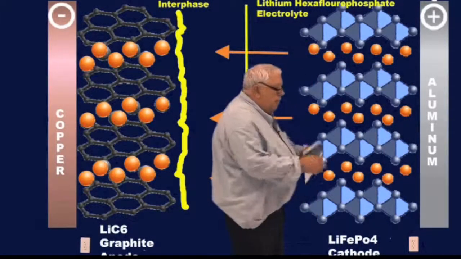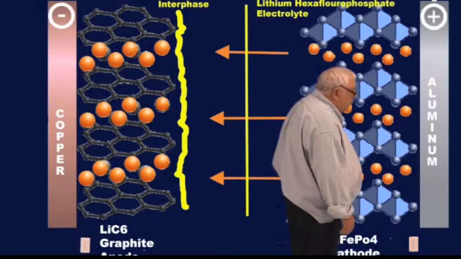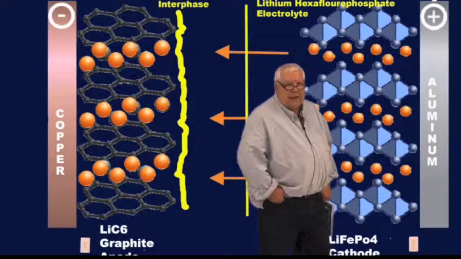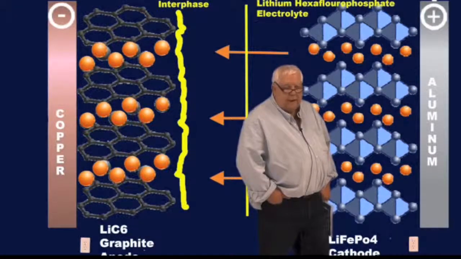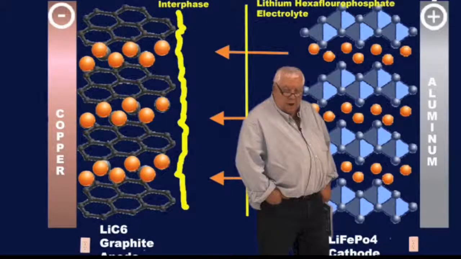As I said, we can mix lithium with iron phosphate fairly readily, and we can mechanically mix this and put it with the binder and glue it onto the aluminum. Of course, the battery works on lithium ion.